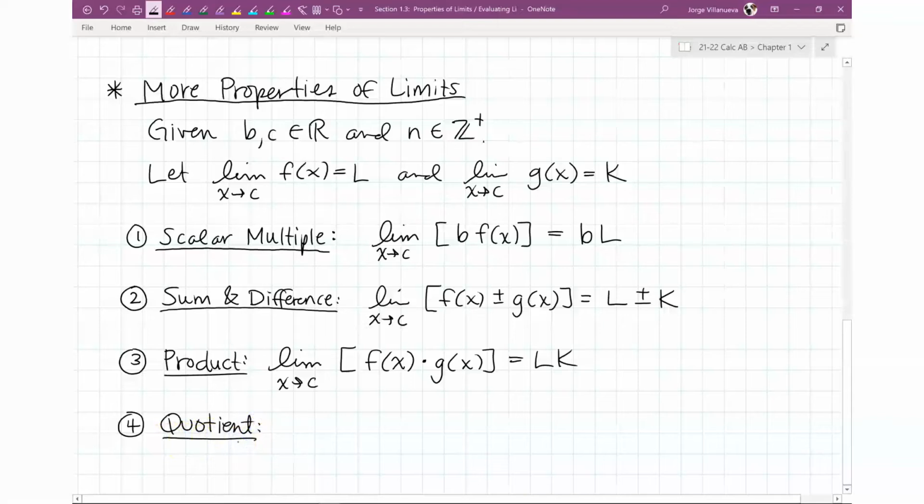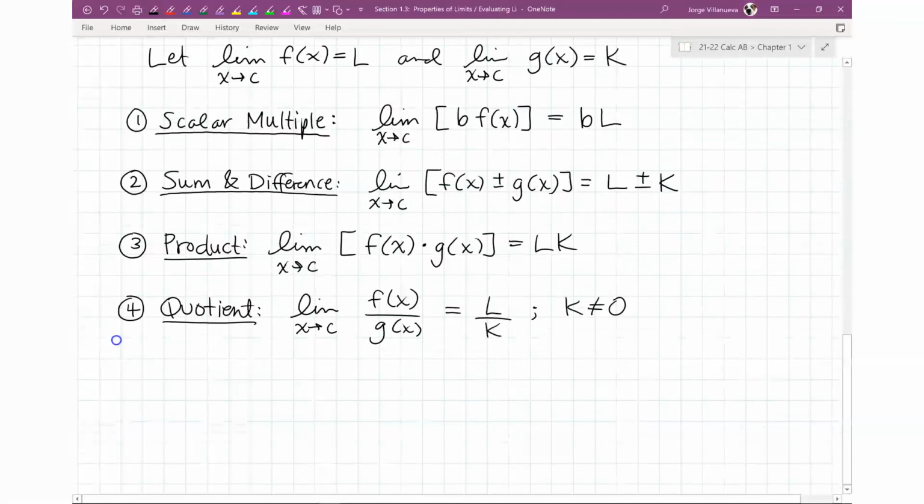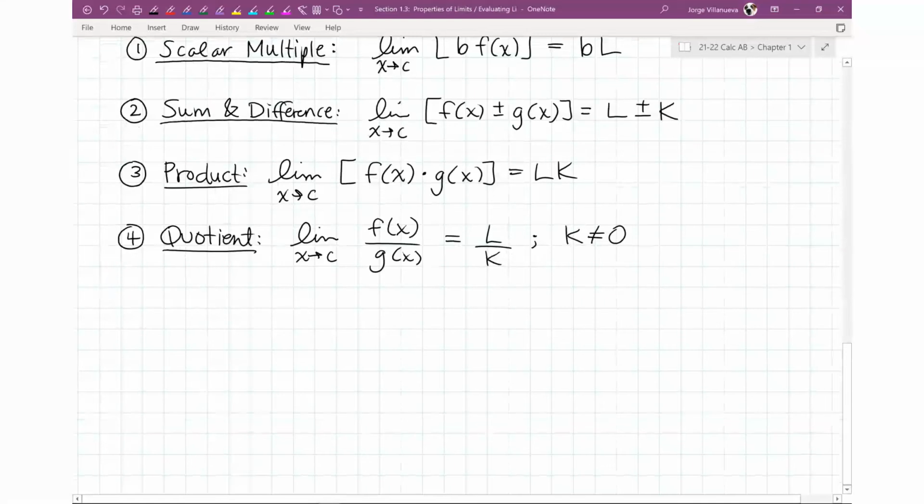Now this one does have a bit of a restriction, okay? So the quotient rule says limit as x goes to c of f of x divided by g of x, if you're dividing, is going to equal L over k, given that our k value is not 0. Okay, as long as the k value is not 0. So in other words, the limit as x approaches c of g of x cannot equal 0.